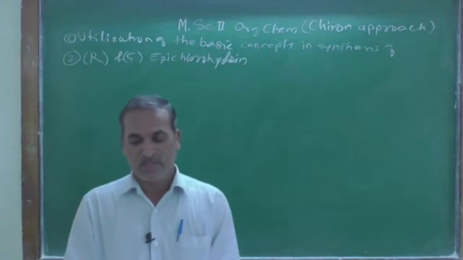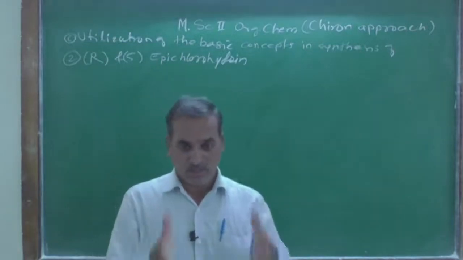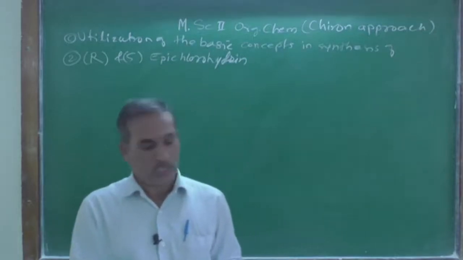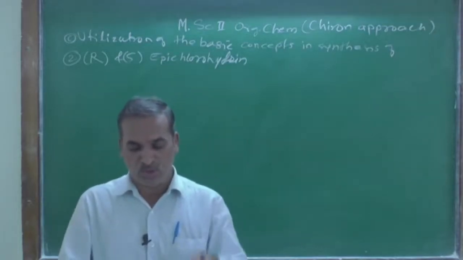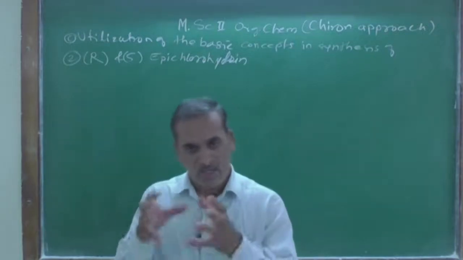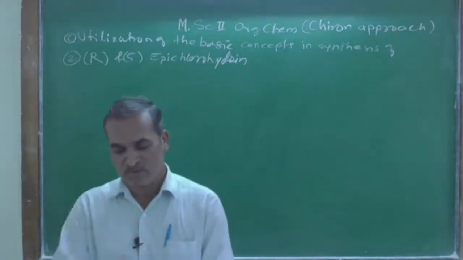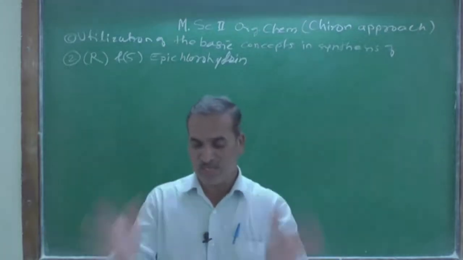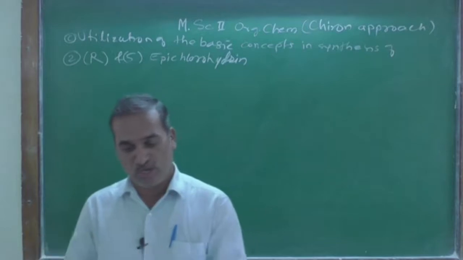And finally that protected 1,2-dihydroxy group or 1,2-diol gets deprotected with the help of aqueous H2SO4 in presence of ethanol, and we got the final target molecule. So these are the reagents and their roles we have discussed.